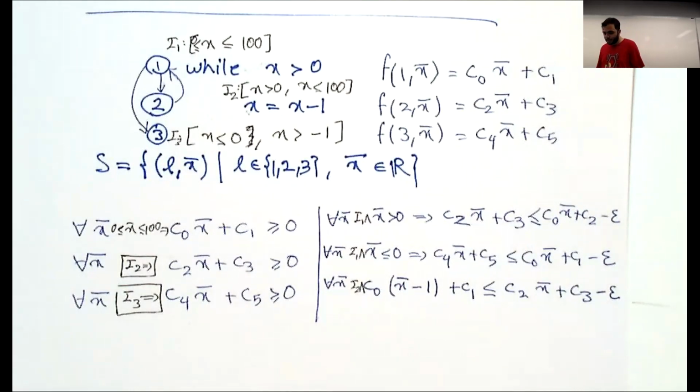Can you give me a ranking function with these invariants? So give me values for C0 to C5 and also for epsilon such that this whole thing holds.